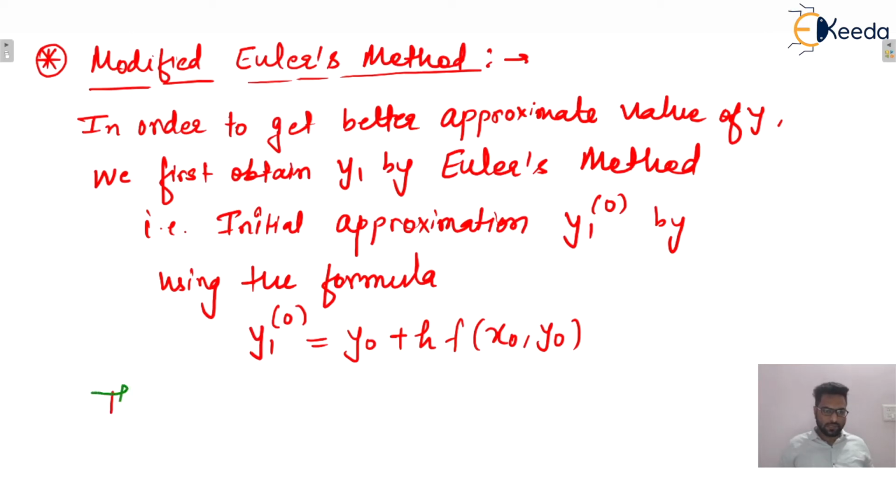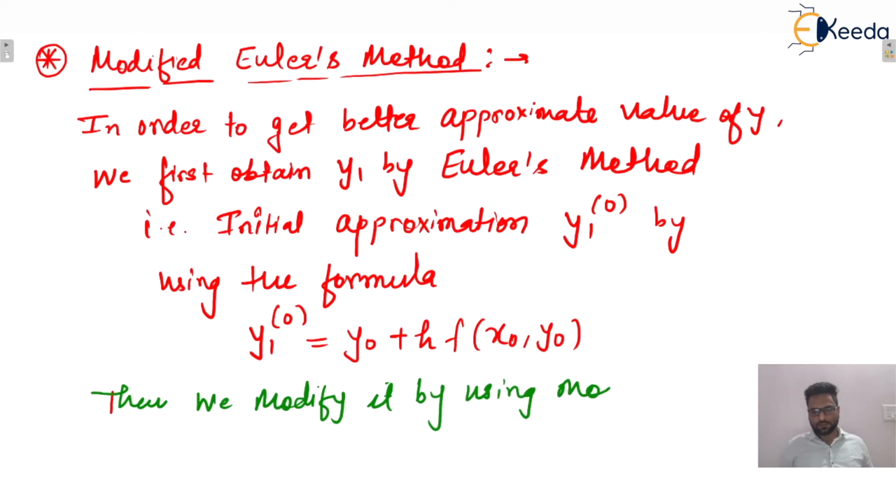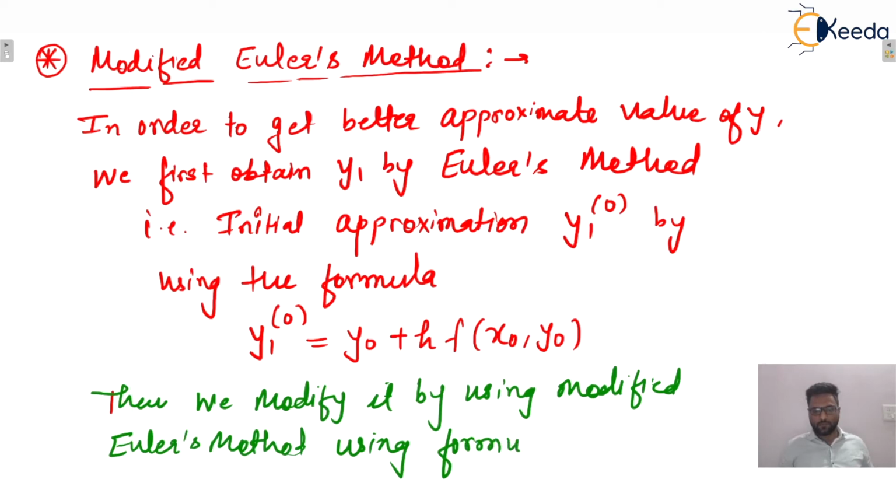After that, what will we do? Then we modify it by using modified Euler's method. What is the formula for modified Euler's method?